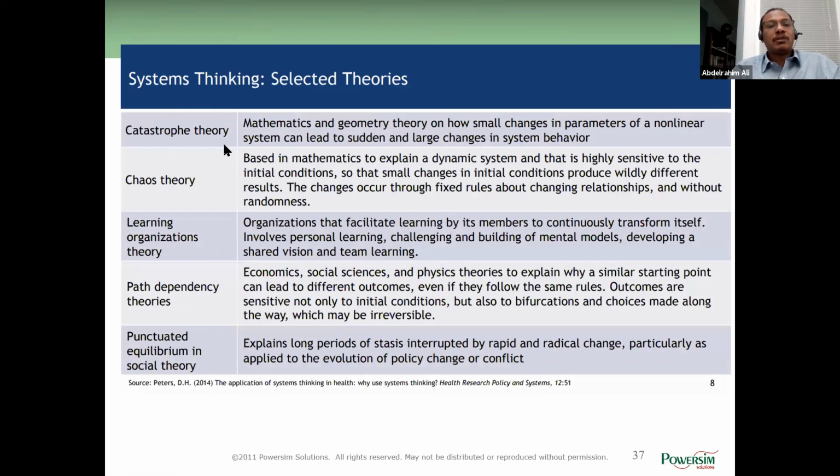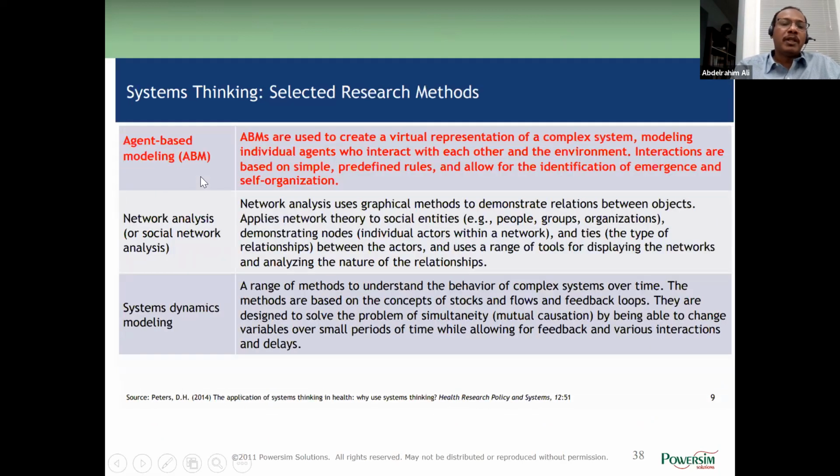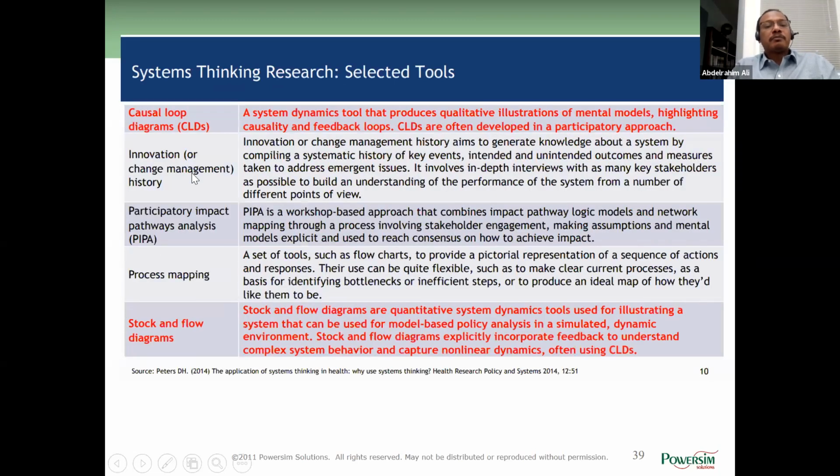Part of it is catastrophe theory, chaos theory, learning organization theory, path-dependent theories, punctuated equilibrium social theory, agent-based modeling, mathematical modeling, network analysis methodology, system dynamics modeling, causal loop diagrams, which link things together, innovation or change management history, participatory impact pathway analysis, which is also part of how you deal with the stakeholders, process mapping, and stock and flow issues.